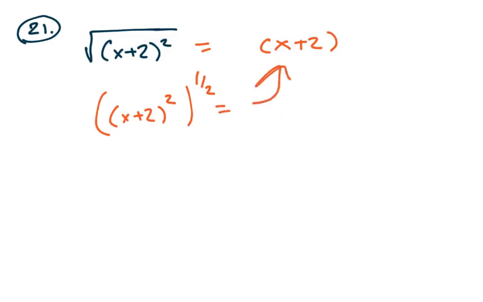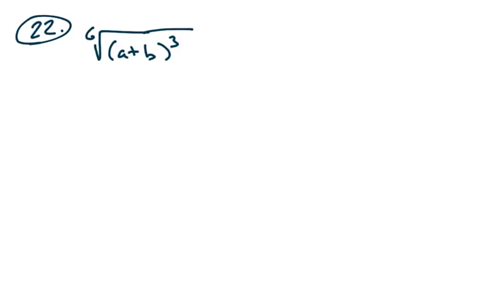Now, one other thing here is that if I'm being technical, and you're not going to have to do this for the class, but technically speaking, we would want to put in absolute value bars because I'm asking you for the principal root. But we're not going to get that technical in this course, so don't stress over it. Just wanted to stress that in reality that would be the case.